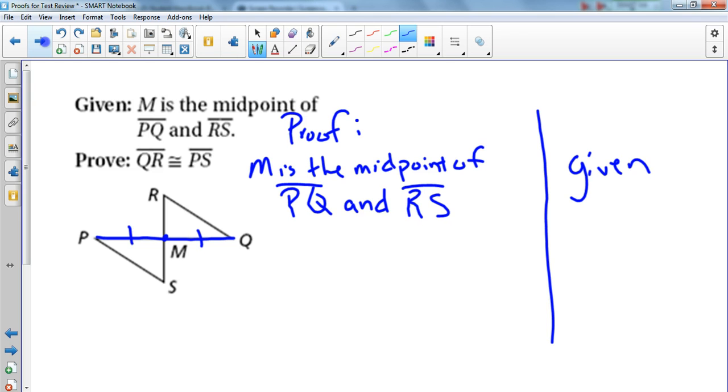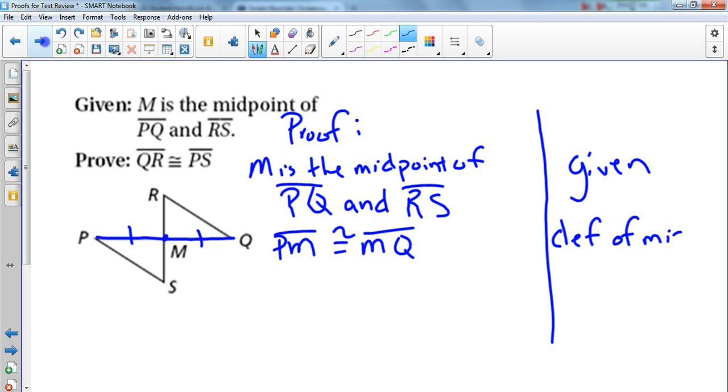So I'm going to go ahead and state that. PM has to be congruent to the segment MQ because that's what the definition of midpoint means. Because M's the midpoint, we got two equal segments, right?